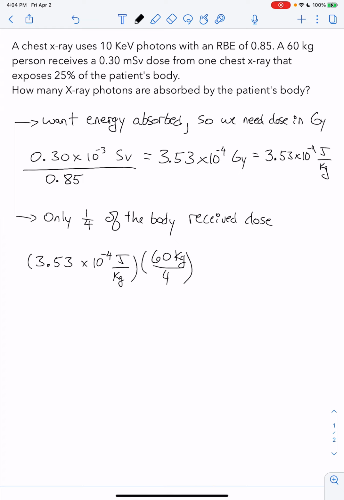We're assuming here that when we're told that 25% of the patient's body was exposed, that's 25% of the mass. Which is a reasonable thing to do. So that gives us 5.29 times 10 to the negative 3 joules. And that is the total energy absorbed by the body. Thankfully, that is not a big number.